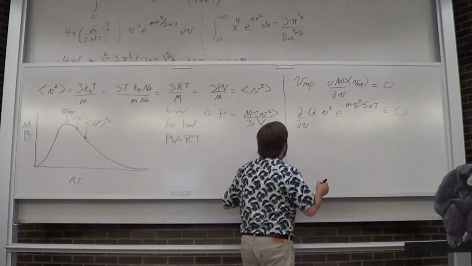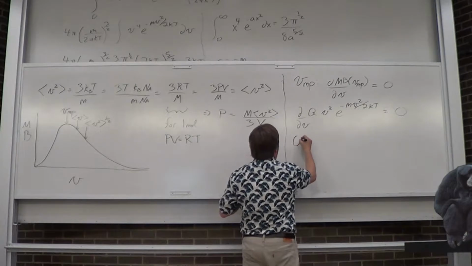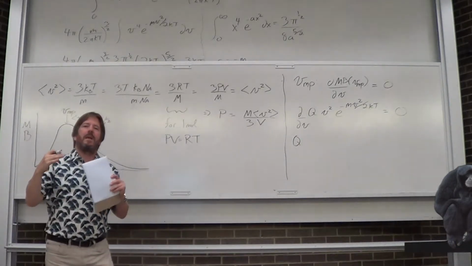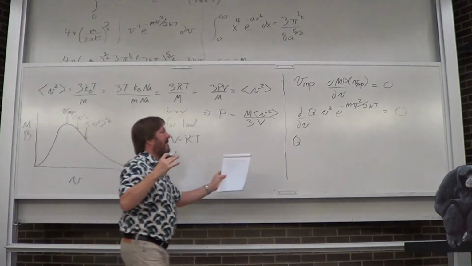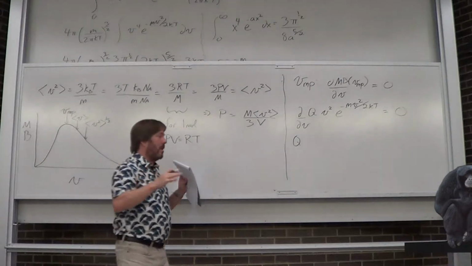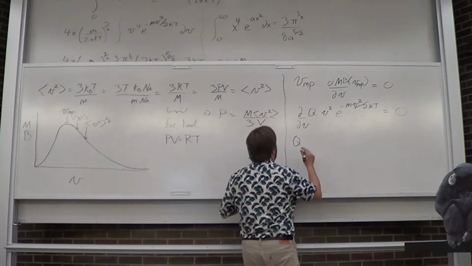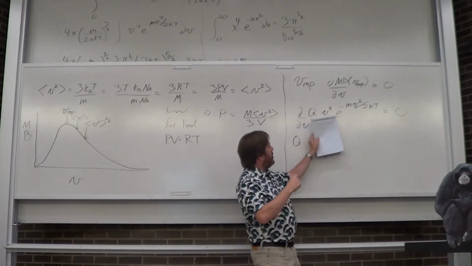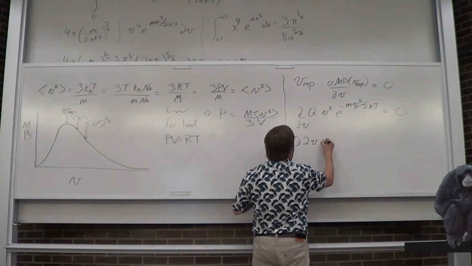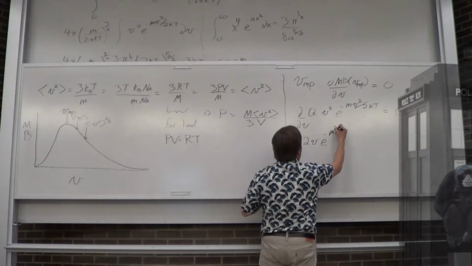If you look at this and you're a little bit calc challenged, this is the highest level of calc I'm going to ask you to do in this class, but you do need to do it. If you're having trouble, I've told you a zillion times, please come see me. So I've got two terms with velocity, so you take the derivative of one and leave the other one alone.